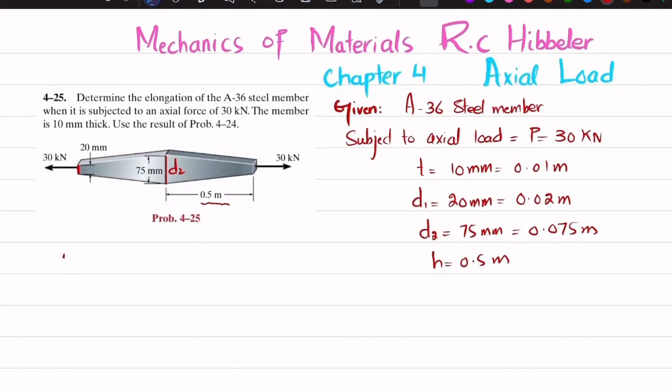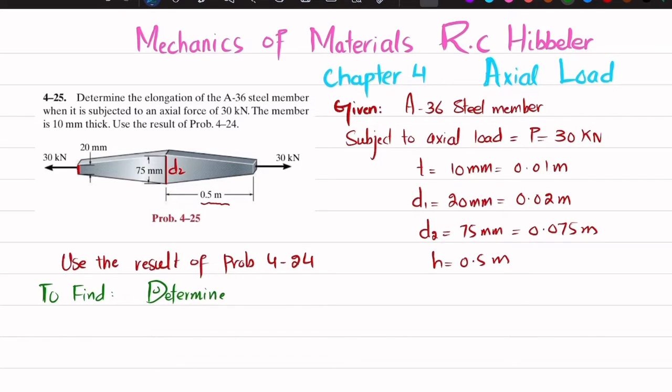It is also given that we should use the result of problem 4-24. So we will take the results from the previous problem which we have solved. What we have to find is: determine the elongation. So let's start its solution.